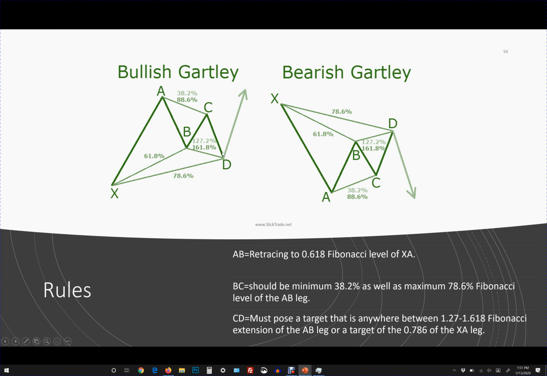So that is where CD comes down here, and it must pose a target anywhere between 1.27 to 1.618, the Fibonacci extension of the AB leg. So here's your AB, here's where your price is going to be headed if the pattern fulfills properly, and you would be looking at a target somewhere in here of that XA leg.